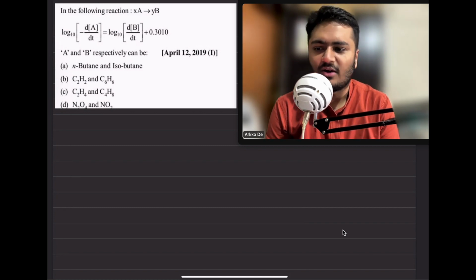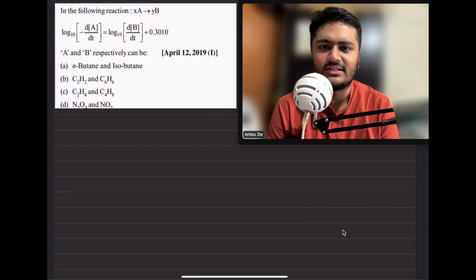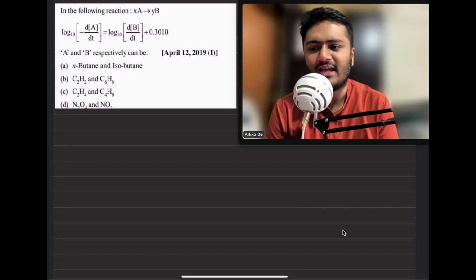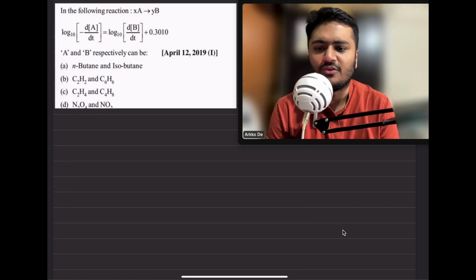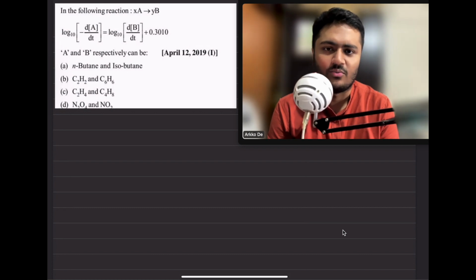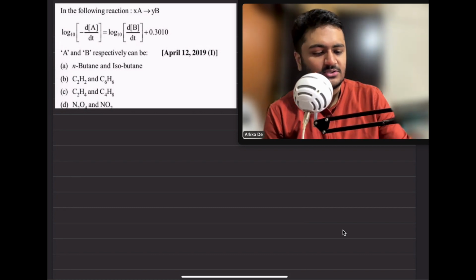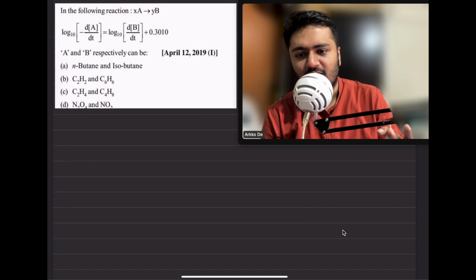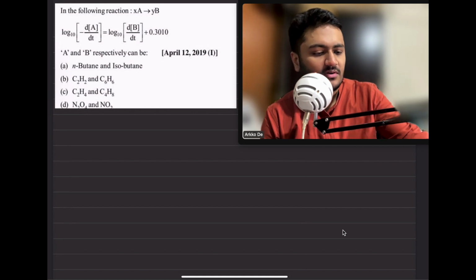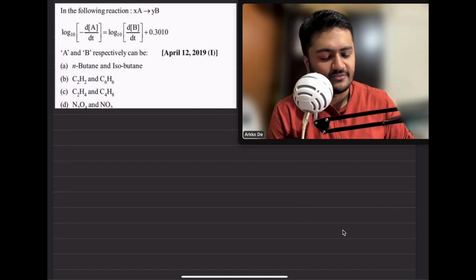Okay. So I think the basic idea of this reaction is I need to figure out the relationship between the rates of A and B, and automatically I will get the stoichiometry coefficient, and then I can figure out what the option could be. All right. So let's first solve the equation.